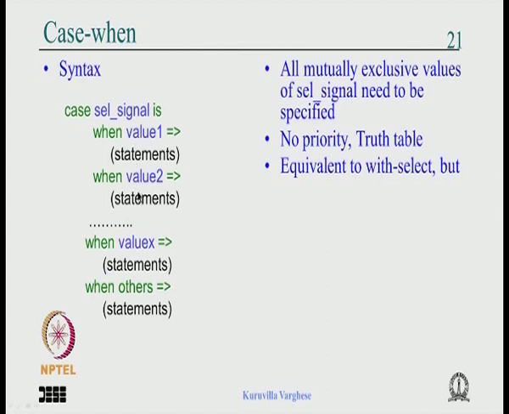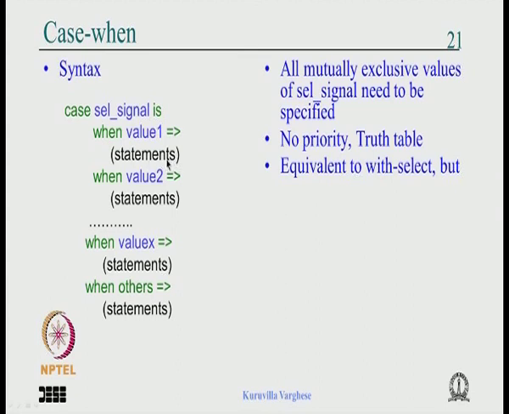When value 2 assignment, when last value assignment, when others you write assignment. These values are the mutually exclusive values of the select signal. So it is exactly like with select, and you are specifying the truth table, and the statement is normally the output assignment. It can be a numerical value, it can be an expression where the input is there, okay.